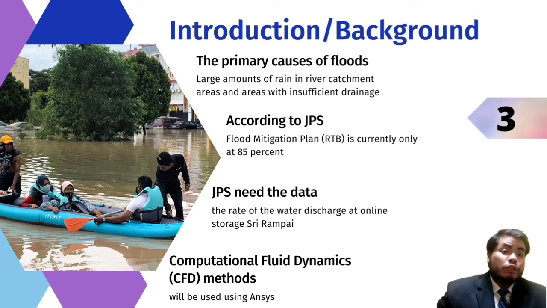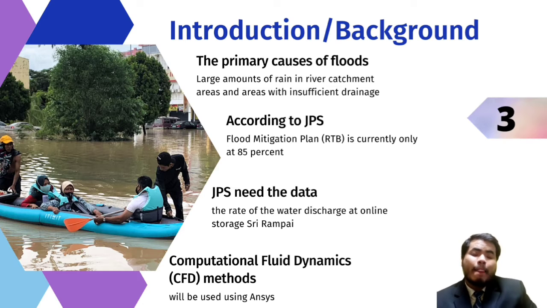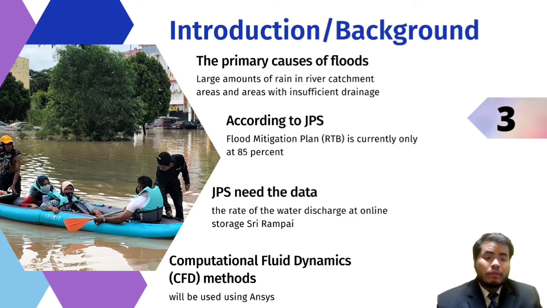We will be moving to the introduction of my project. The primary causes of floods are the large amount of rain in river catchment areas and areas with insufficient drainage. According to Jabatan Pengairan dan Saliran, the flood mitigation plan RTB in Kuala Lumpur is currently only at 85%.